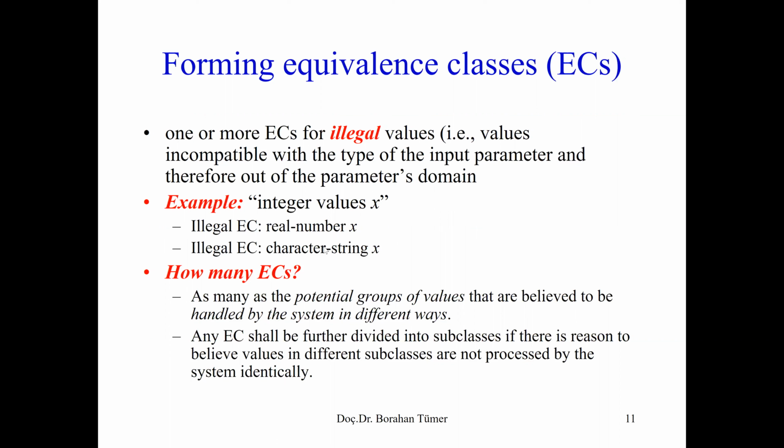So these are two examples of equivalence classes that contain illegal values. So if x is an integer, then two possible equivalence classes that represent illegal values should be, for example, real number x or character string x.